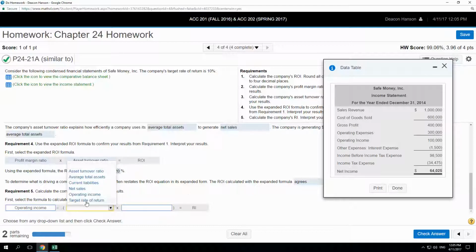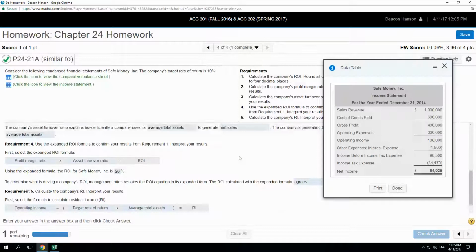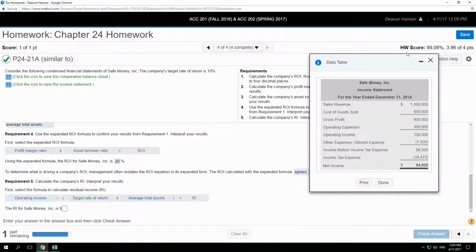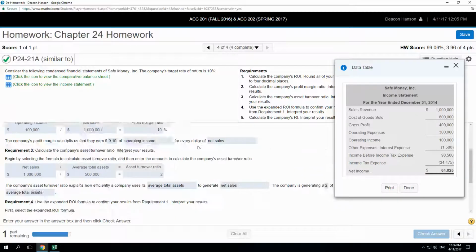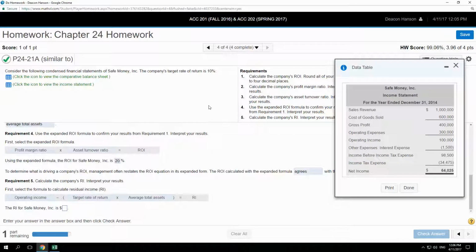So that's your target rate of return times your average total assets. Don't forget, we use 100,000 as operating income, and my average total assets, I already figured out, was 500,000, and 10% of 500,000 is 50,000.